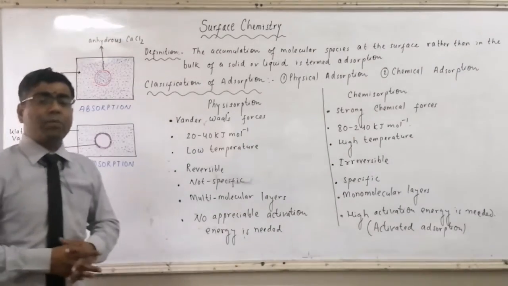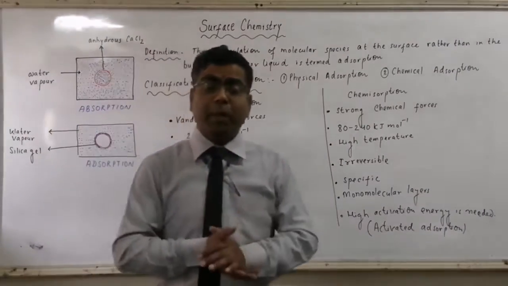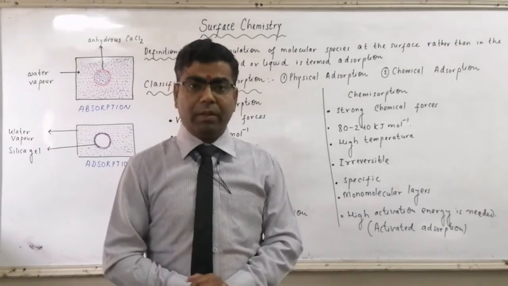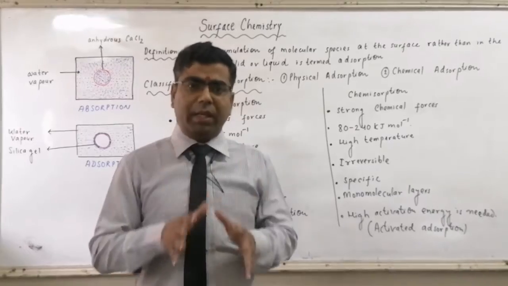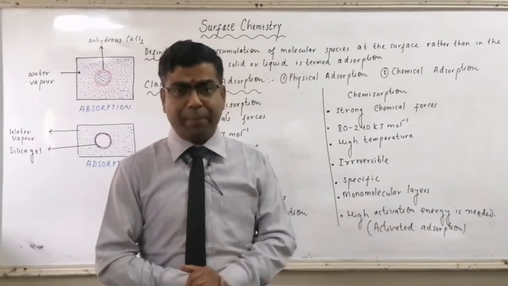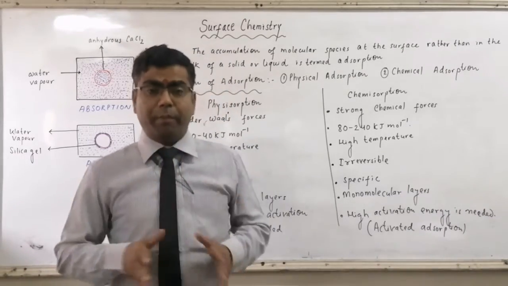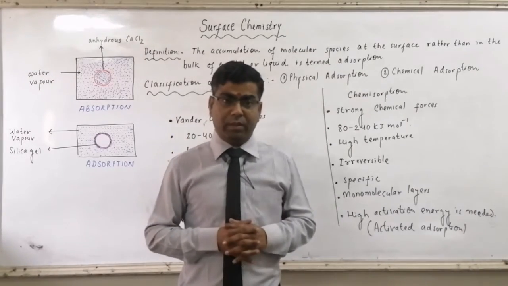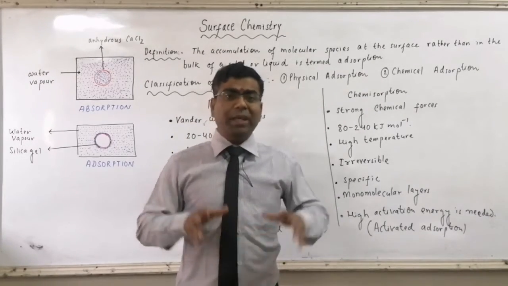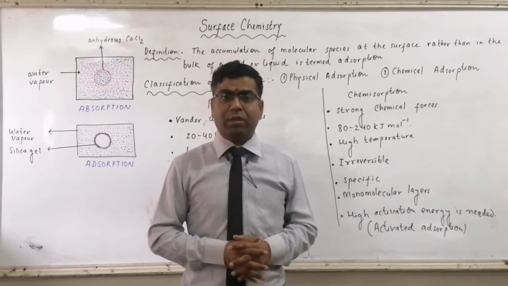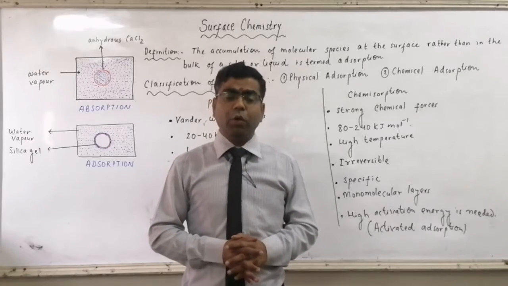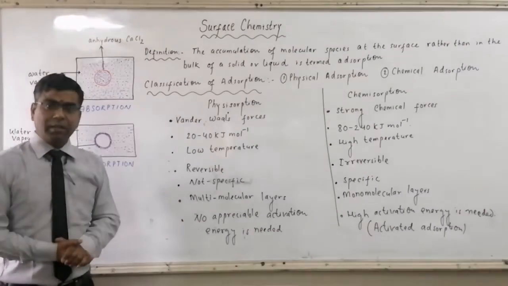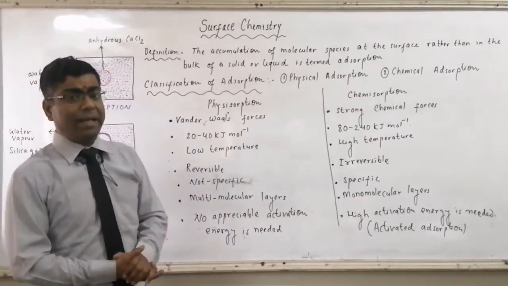So anhydrous calcium chloride absorbs water vapor while silica gel adsorbs water vapor. Water vapor will remain on the surface of silica gel. And remember, it is not uniform. It will be non-uniform. It will be heterogeneous accumulation of water vapors over the silica gel surface. But here it will be your homogeneous distribution of water vapors inside the calcium chloride.